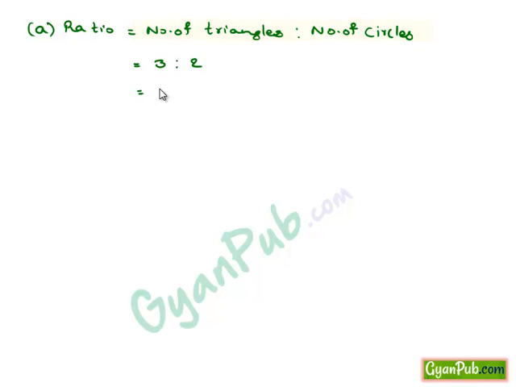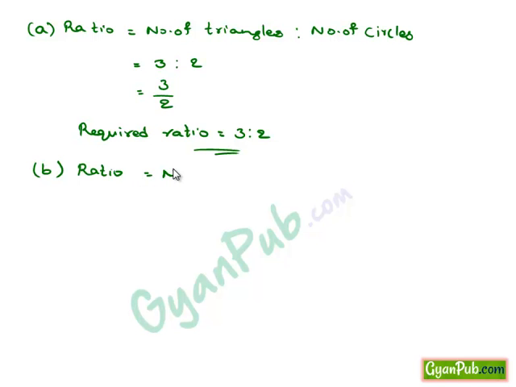This can also be written as 3 upon 2. Here there is no common factor for 3 and 2. So the required ratio is 3:2.